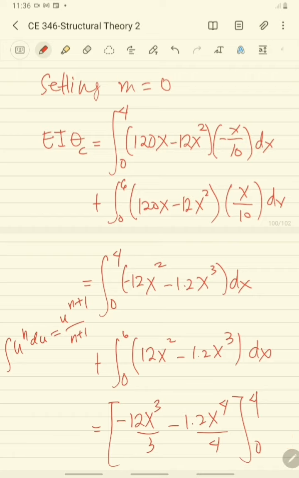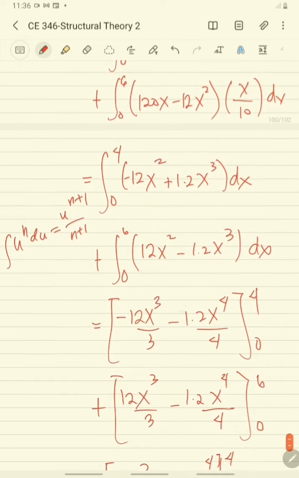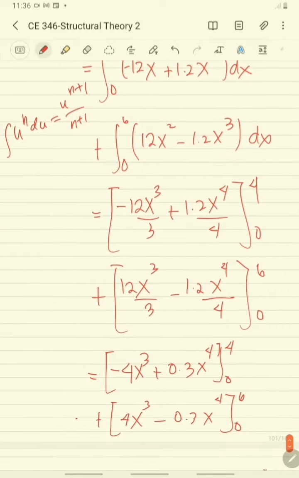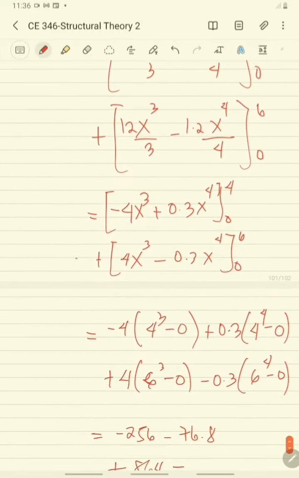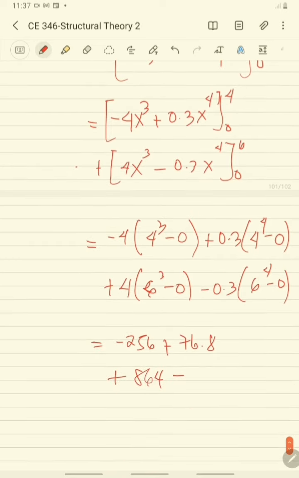So this is positive, right? Negative 12 times negative x over 10. So I got it wrong, that is positive. So this is also positive. Then 0.3 times 6 to the 4th is equal to 388.8. So we have to add negative 256 plus 76.8 plus 864 minus 388.8. The answer is 296.